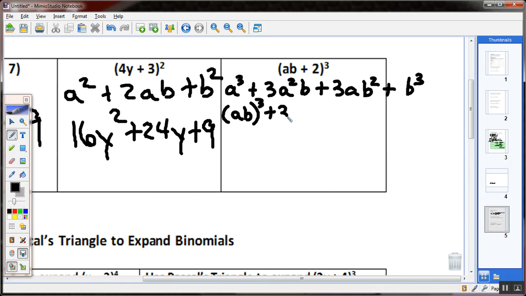Plus 3 times what's going in for a, squared, times the b value, which is now 2. Boy, I don't know if I'm going to be able to fit this in here. I'm going to try. Plus 3 times what?